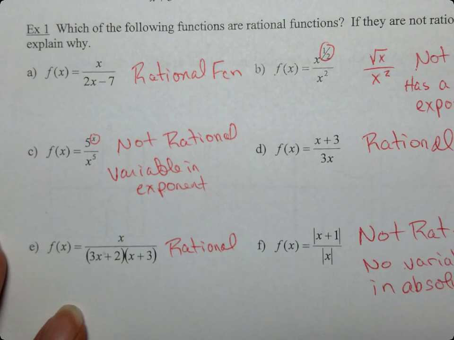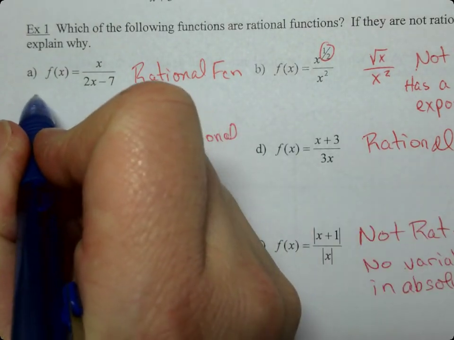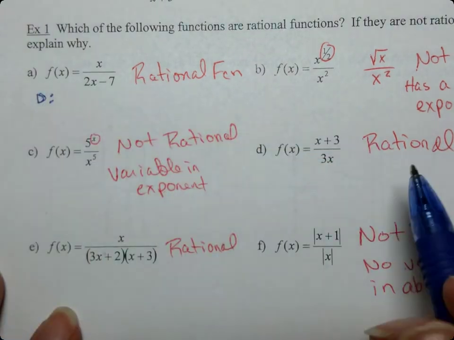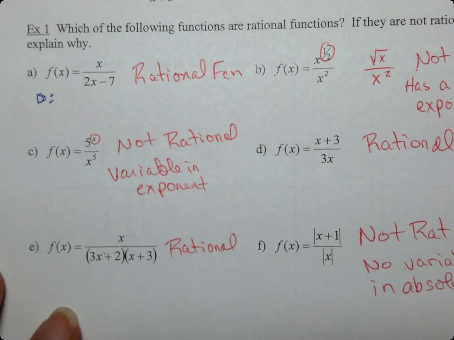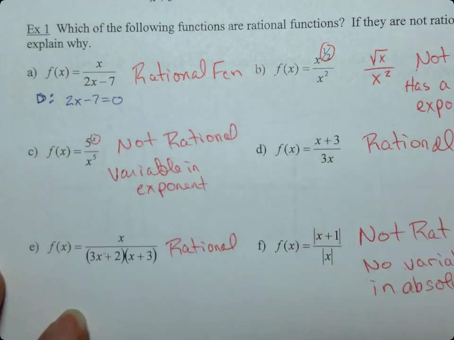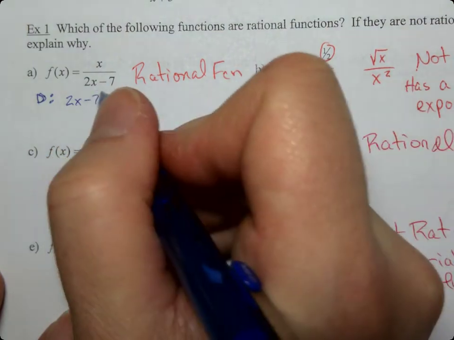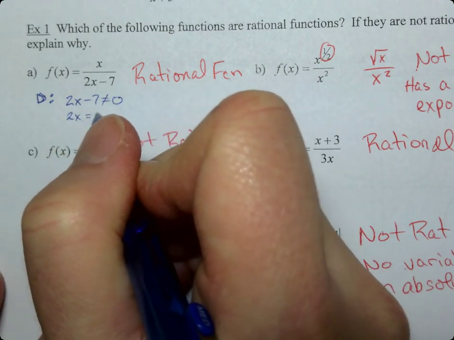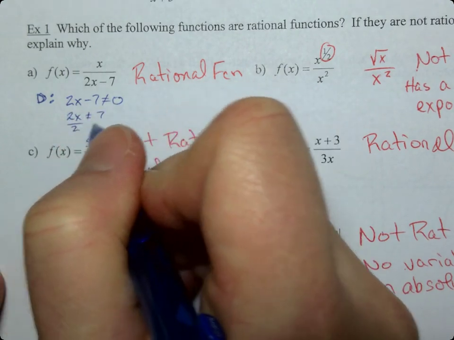Look at example A. What's the domain? Well, I can't divide by 0. Agreed? So the domain means that my denominator cannot equal 0. Add 7, divide by 2.